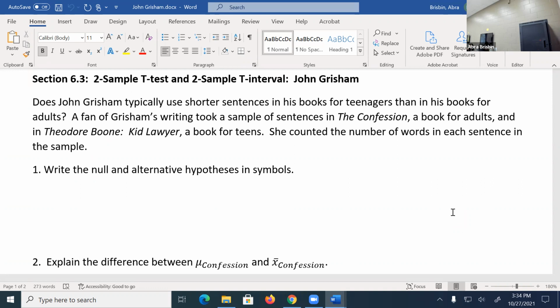All words in the sample. It's all words or sentences? Shorter sentences, the number of words in each sentence. So all words in the sample. It's the mean length of sentences.